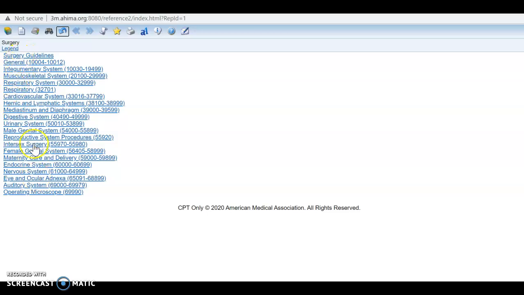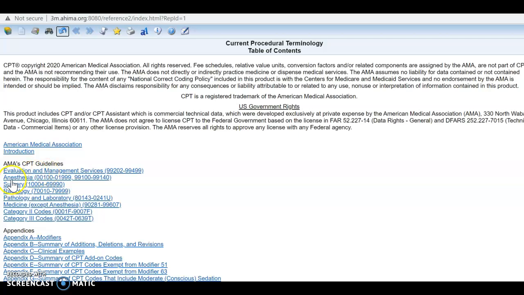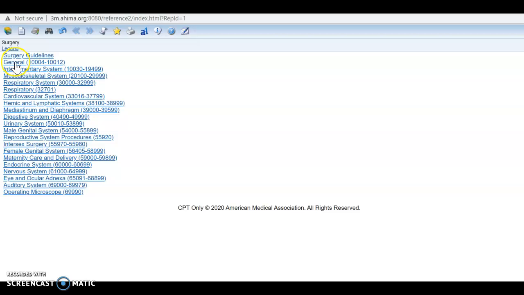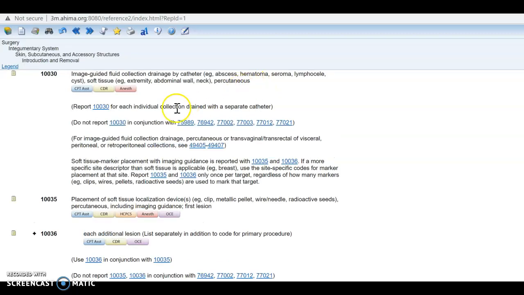to, we already talked about the E&M, correct? Okay, so if I go to the surgery section right here, let's say we're going to go to integumentary system. So if you're working for a dermatologist or even a family practitioner, a lot of these codes you could be using.